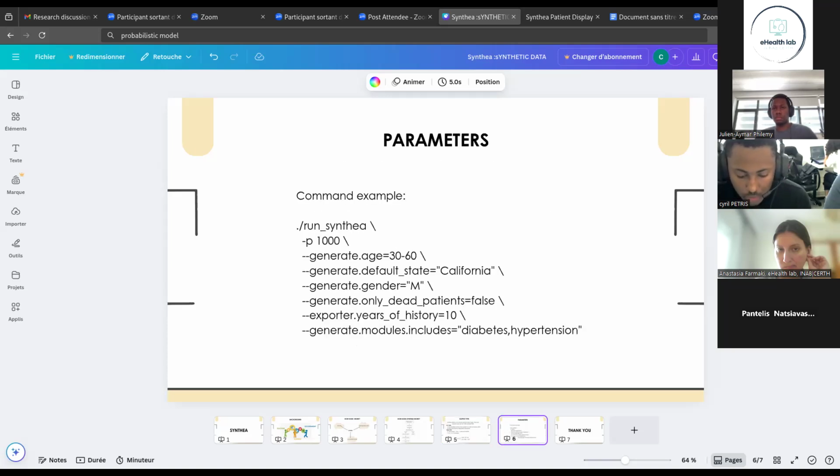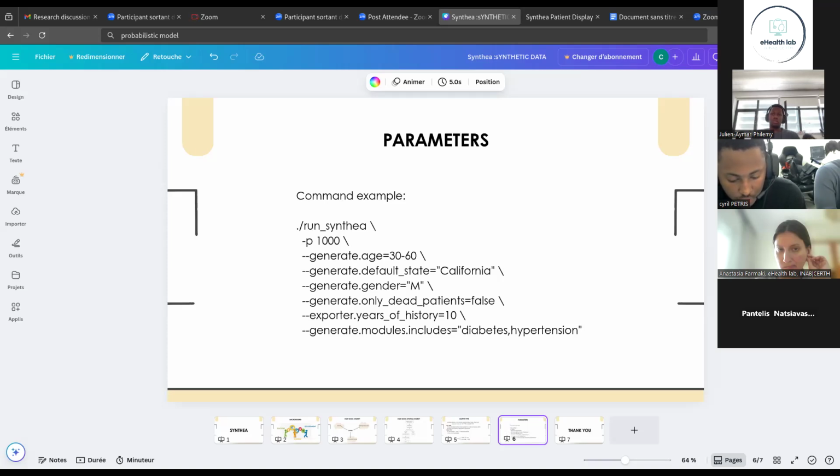Also in Synthea, there are a lot of parameters. The first, and maybe not the most important, is population. We can also set the age range, the state, and the gender. We can also decide if all the patients should die or not.